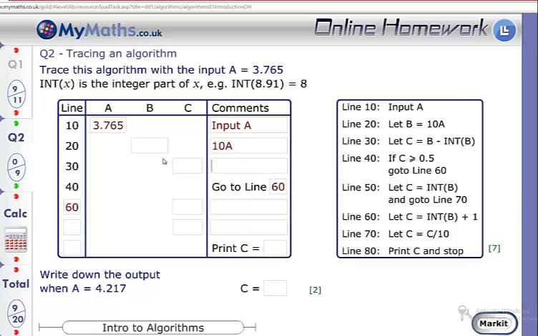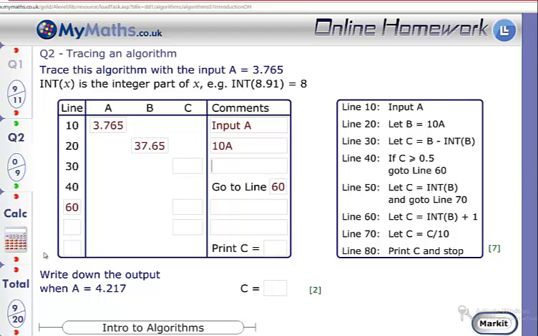Next, well, we've not done this, so 10A would be 37.65. You just move the decimal place over, for example. So this one, I don't really get this. C would be the same as B take away integer B. So B, what does that give you? What's left?